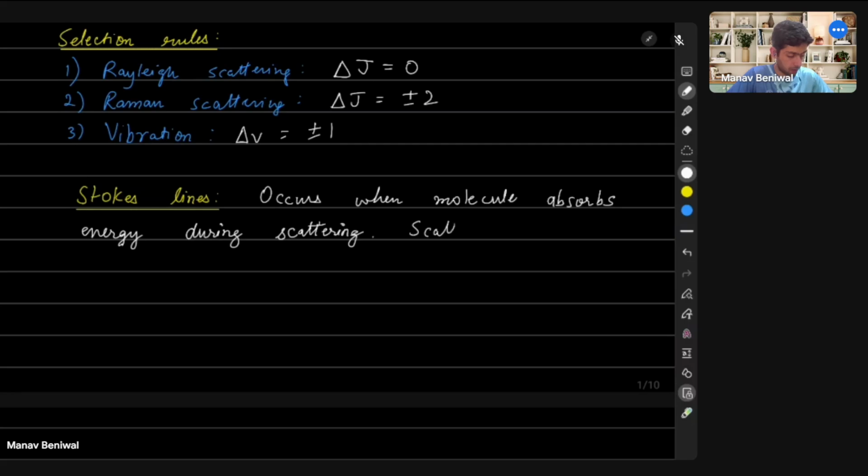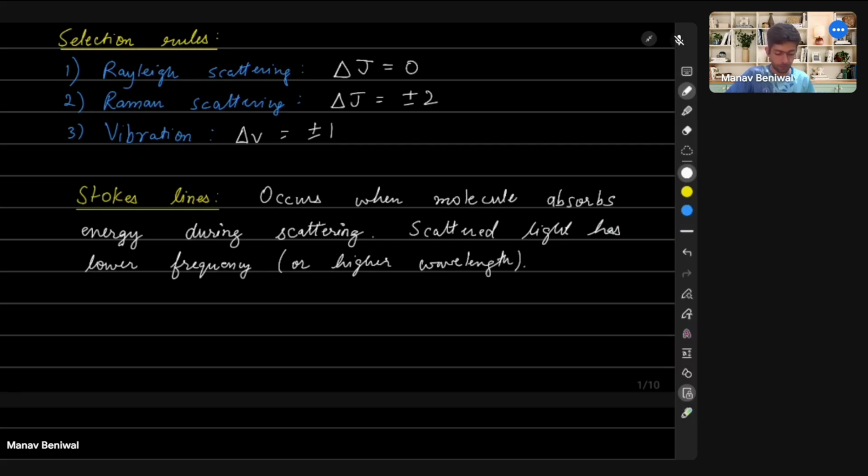So the scattered light has lower frequency, or higher wavelength, than the incident light. Fine.